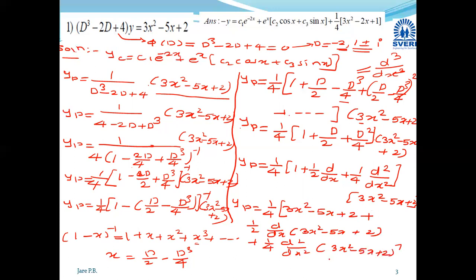Simplifying this whole quantity, we directly write the answer: yp equals 1 by 4 times 3x square minus 2x plus 1.